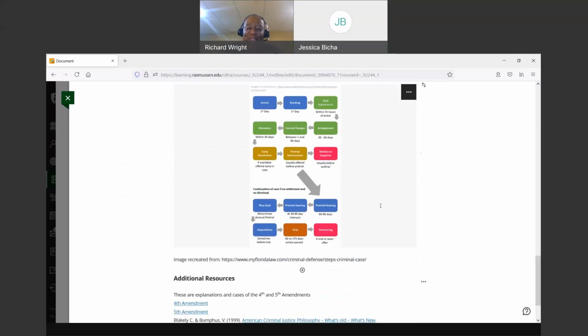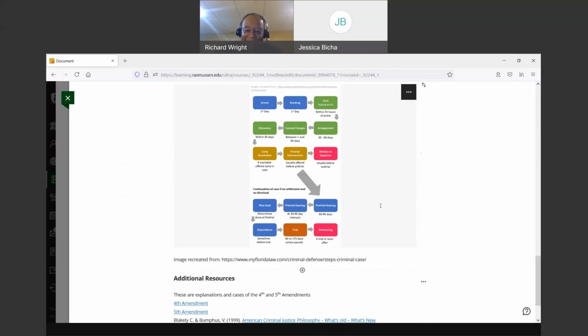And during the course of discovery and all of that, there are what we call a lot of continuances. The reason there are continuances is to give the parties a chance to make sure that they have all the evidence transferred properly, and that the defense is able to be adequately prepared to defend their client.